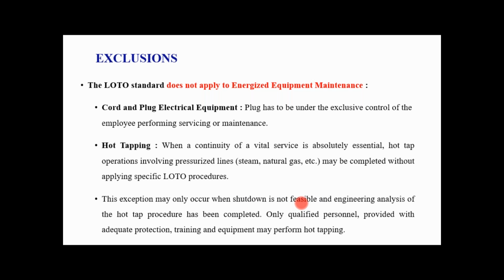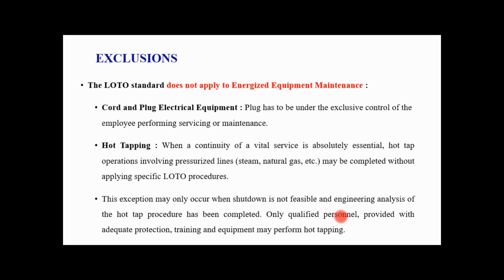That source may be steam, electrical, chemical, radioactive, thermal, etc. If you are going to cut off these energy sources, it means that particular equipment is going to be off. Indirectly, we are going to shut down that activity, that system. So if it is not feasible, then the exception is the option for these LOTO systems.